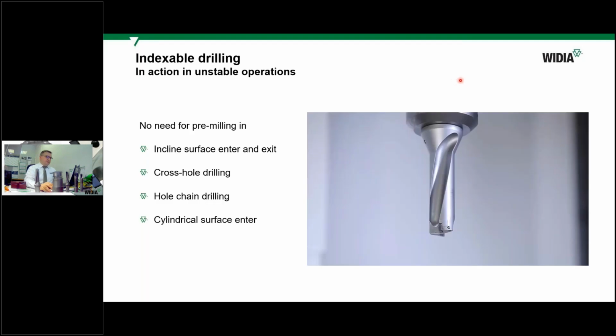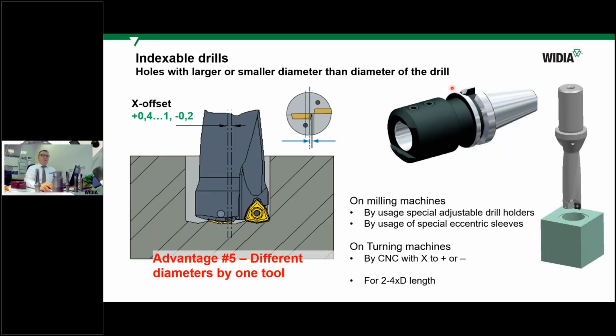The question was about the feed. Yes, it was approximately the same, but we recommend in unstable, especially in unstable surface machining, to decrease feed about 2 times. Or you can try with a normal feed at first. But if there are problems, for example, after some time there can be cracking of the central insert.